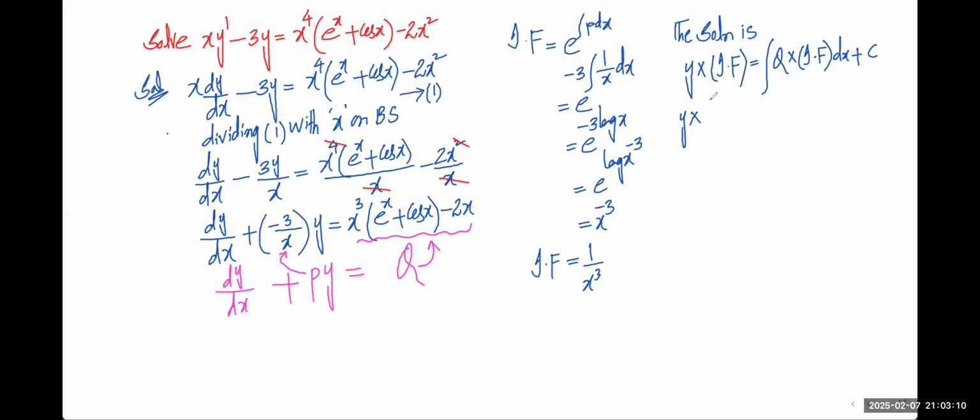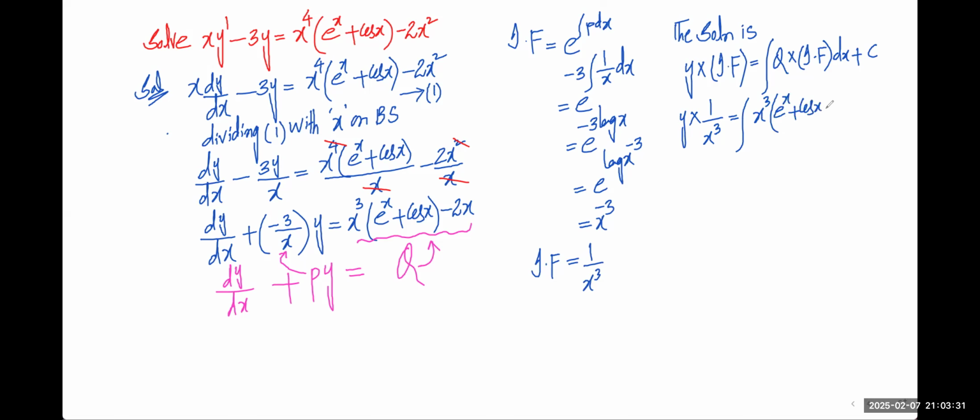This entire value is our q value, that is x cube into (e power x plus cos x) minus 2x, into the integrating factor, meaning this whole value is multiplied with 1 by x cube, into dx. We can add the constant later. If you multiply, this term will be multiplied with this term, so x cube will be cancelled. I think I should write clearly.